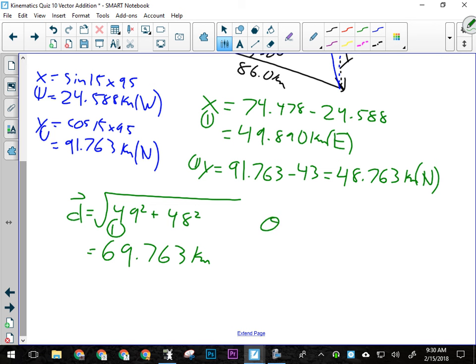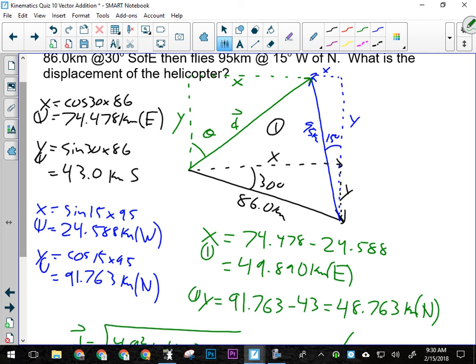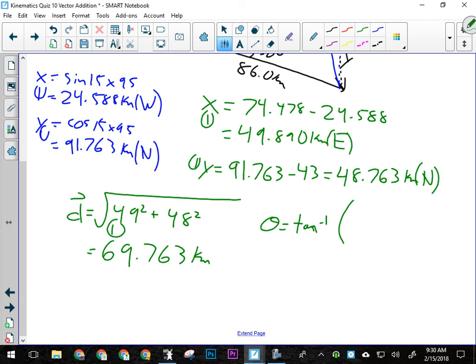Then I've got to find theta. So tan to the minus 1, go back to my drawing. The way I drew this, x is opposite and y is adjacent. So I'm going to have the 49 over the 48.